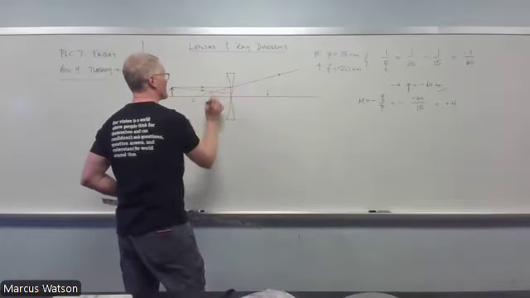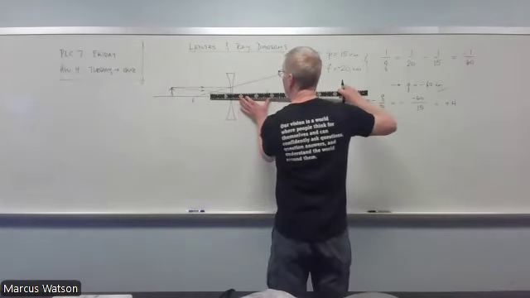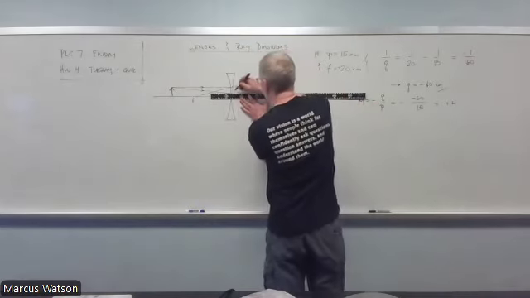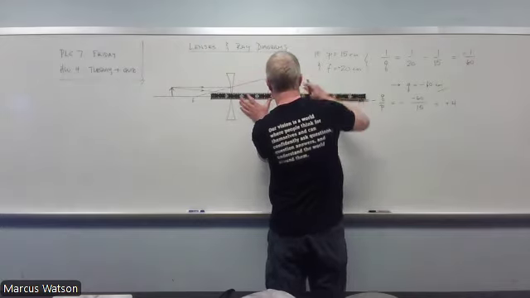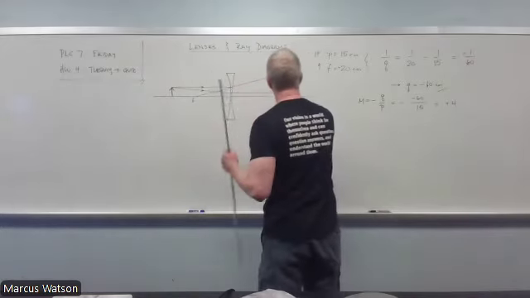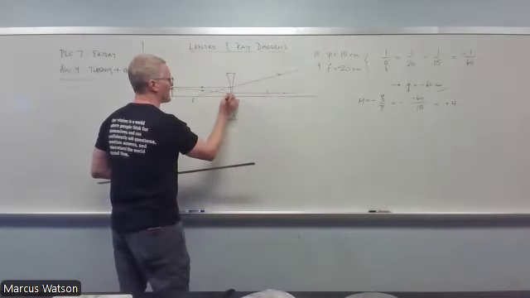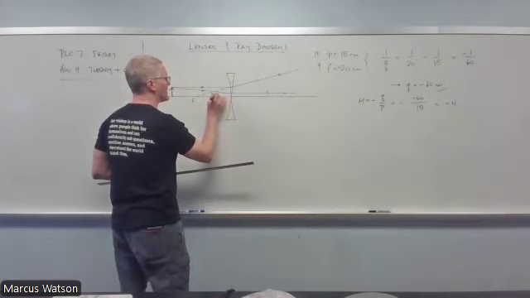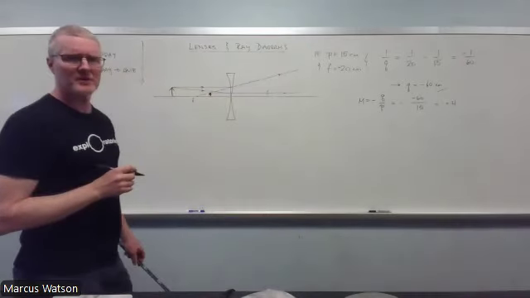This is an incoming ray, and it is now going to come out parallel. Okay, like so. So that now I can trace this back to about there, and my image should be right there.